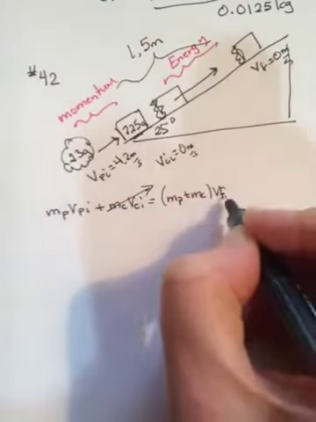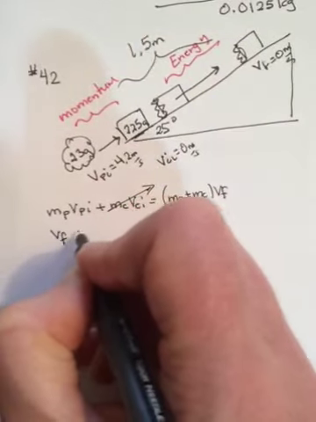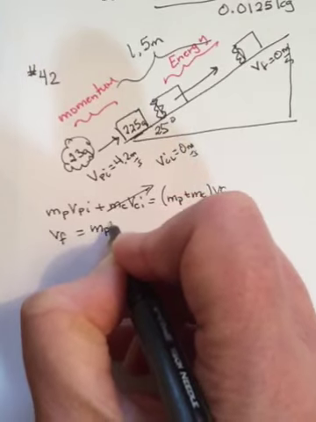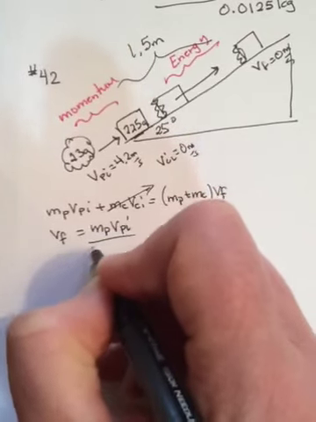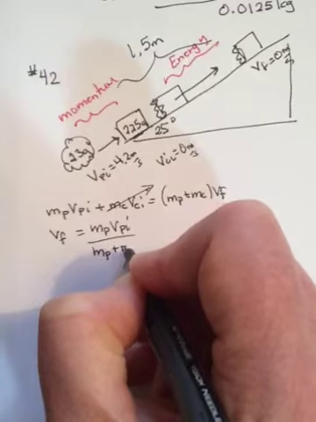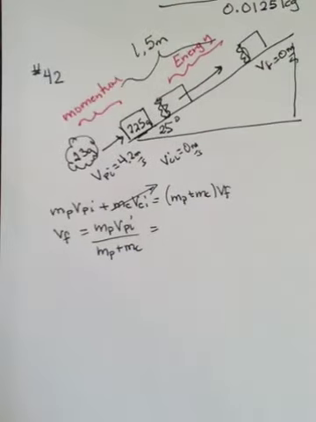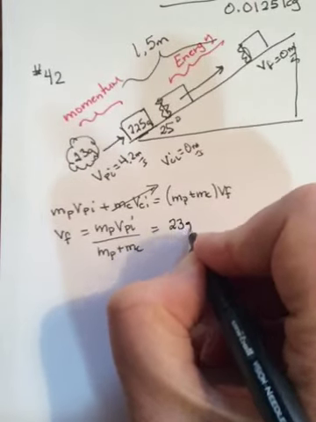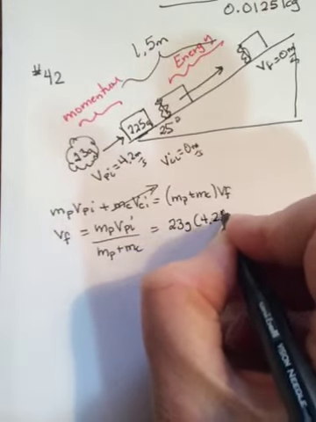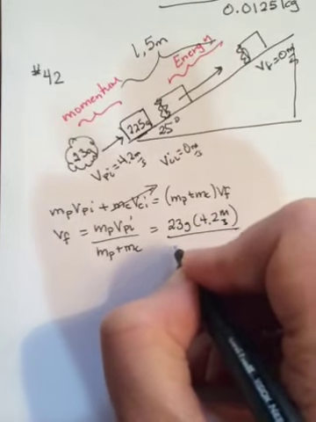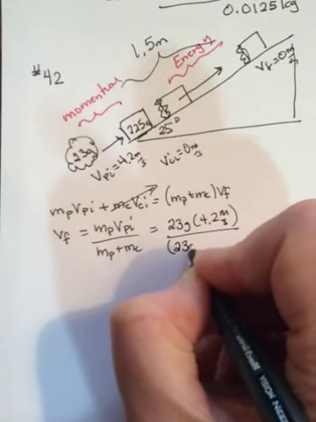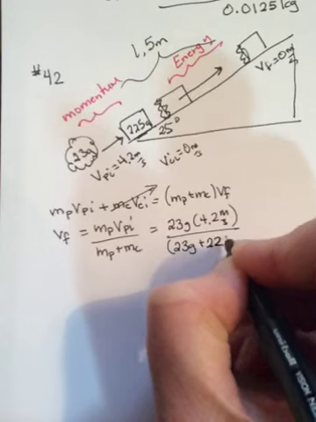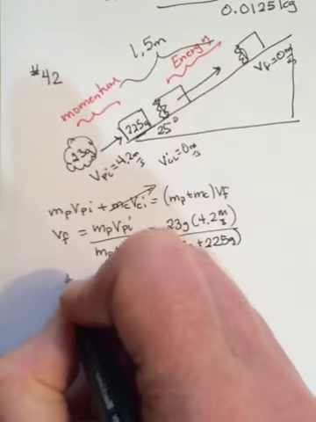Cart's not moving, so we can find the final velocity of the putty and the cart together: m of the putty, v of the putty initial, over m of the putty plus m of the cart. This time I don't have to change them from grams because they're all given to me in grams. So 23 grams, 4.2 meters per second, divided by 23 grams plus 225 grams.